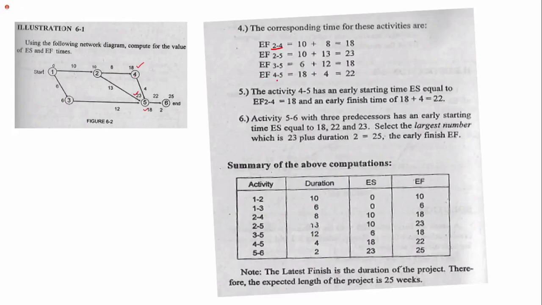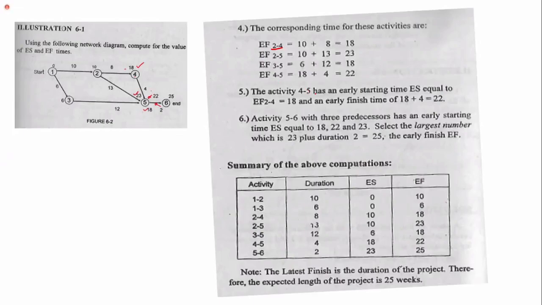Then early finish for 4 to 5: 22. So we have early finish 18, 18, 23, another 18, and 22.